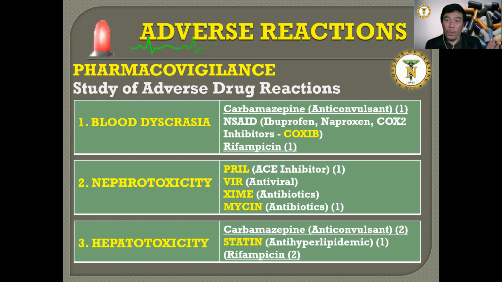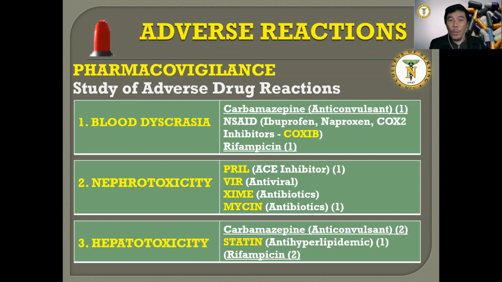Carbamazepine is an anticonvulsant drug, meaning for individuals who may experience seizures, convulsions. These are the drugs commonly administered. But somehow we must think, nurses, of some risk that the client may be affected in specific levels of the blood, specifically the platelets and the red blood cells.